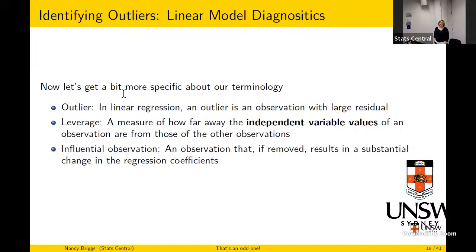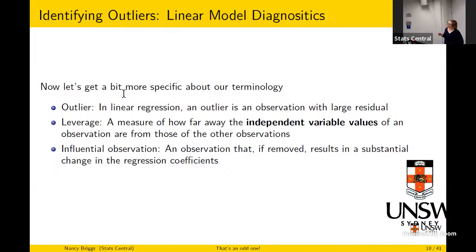So we're going to call an outlier an observation with a large residual. Specifically when we're talking about a linear model, it is an observation that has a large residual. An influential observation is an observation that, if it's removed from your data set, results in a substantial change in the regression coefficients.